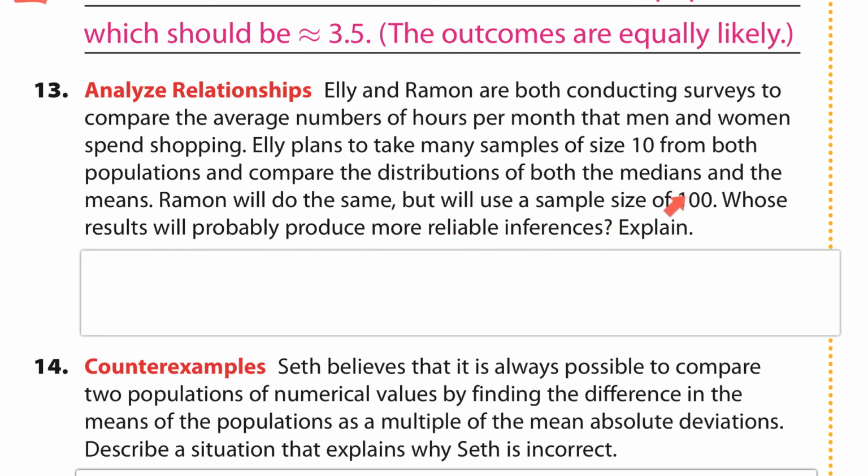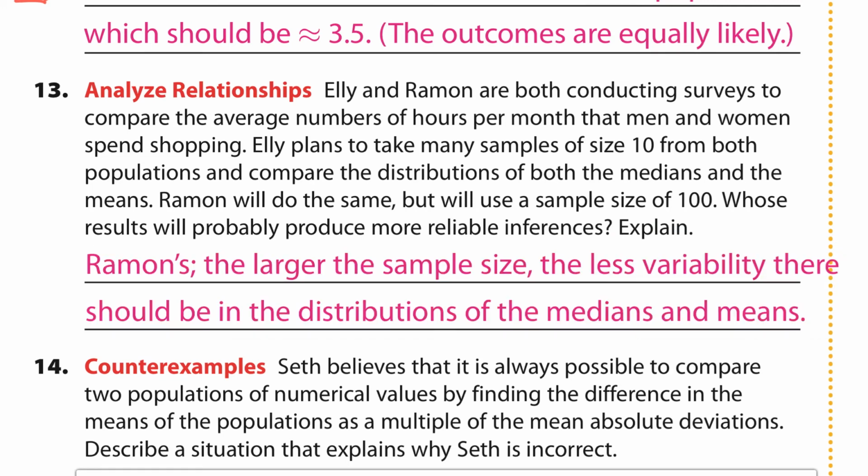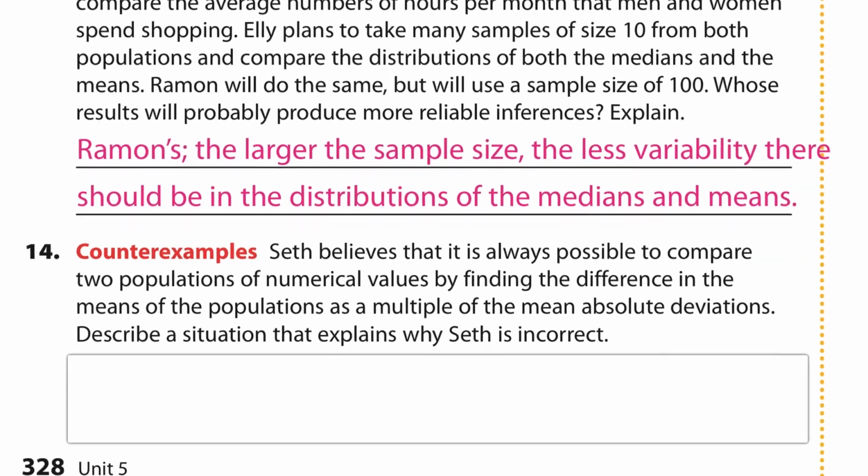I'm thinking this one: Ramon's sample size is larger, and there should be less variability in the distributions of the medians and the means. The more you get, the more reliable your sample will be.